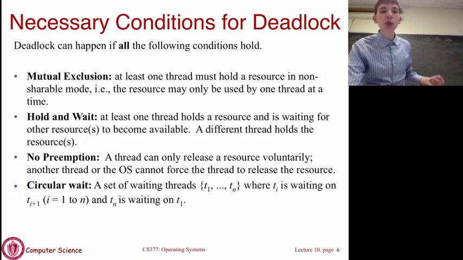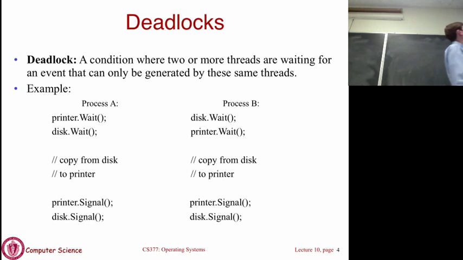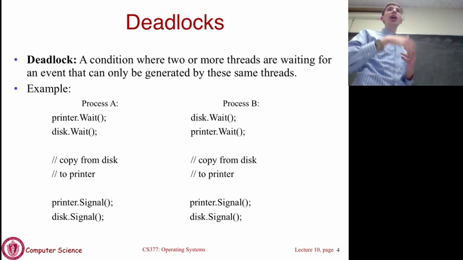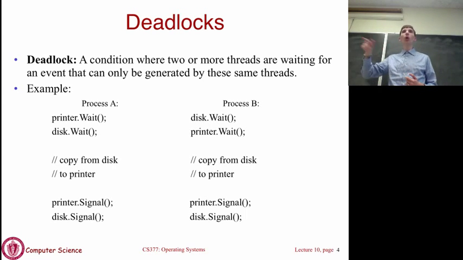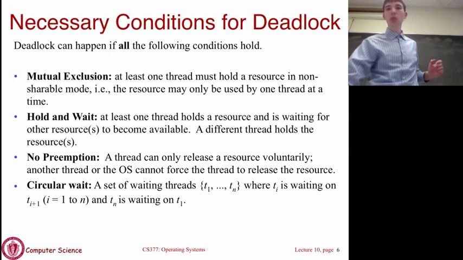To give you an intuitive sense of this, returning to this example, we have process A here and process B. Process A is potentially waiting on process B in order to proceed, and process B is potentially waiting on process A. So it's a circular wait, where you have a cycle of threads that are waiting in turn in order to be able to proceed. We'll talk a little more about what that is.